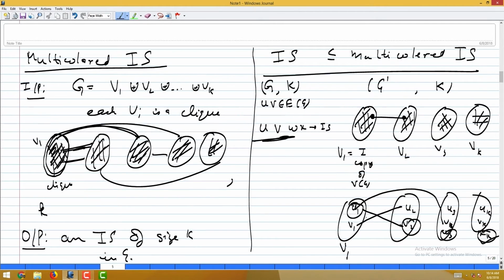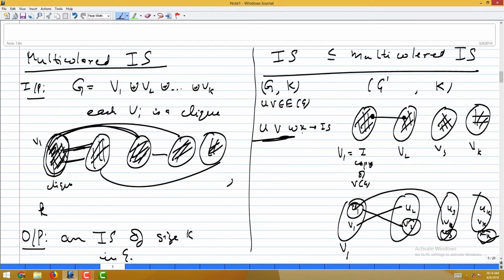Why? Can there be an edge between u1 and v2? I would have put an edge only if there was an edge between u and v originally, and then I put an edge between all the possible copies of u and v. So this is indeed an independent set, because I would not have put an edge between any two copies if there was no edge between any pair here.